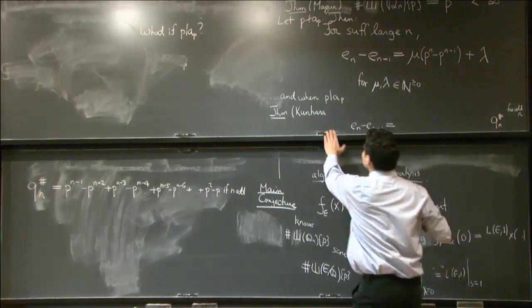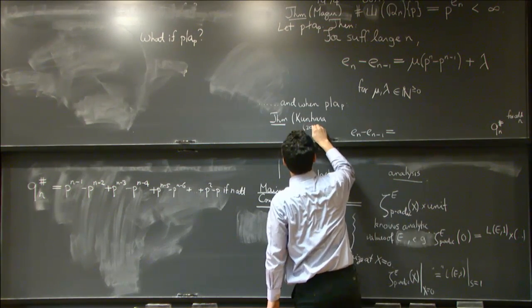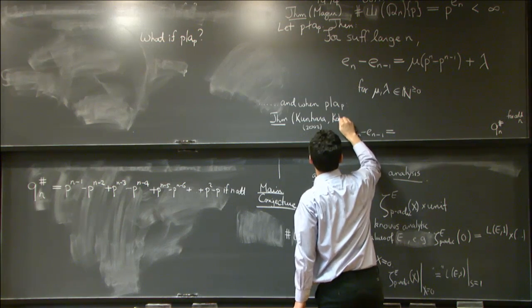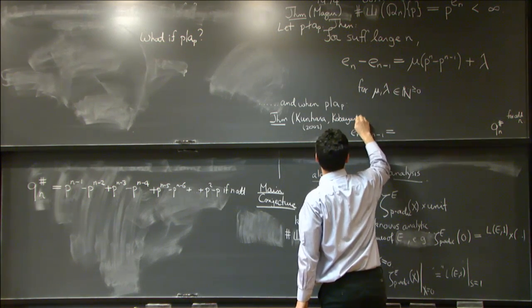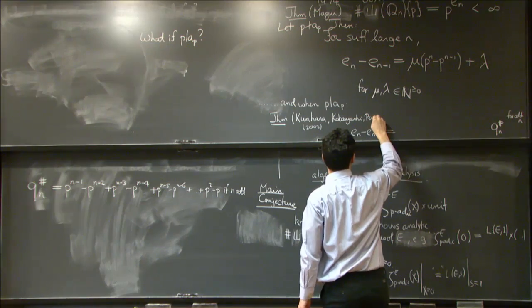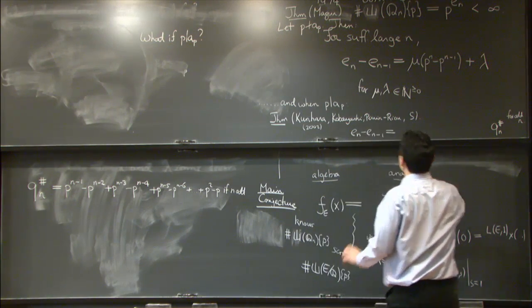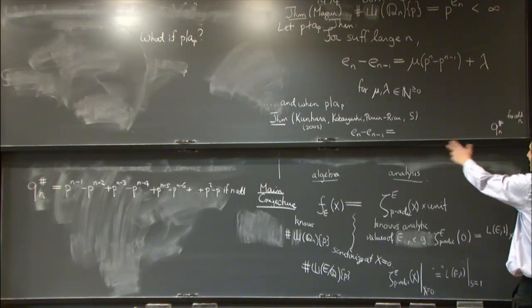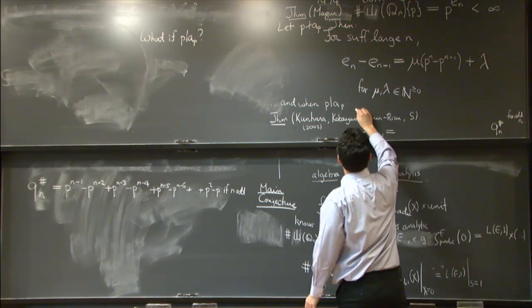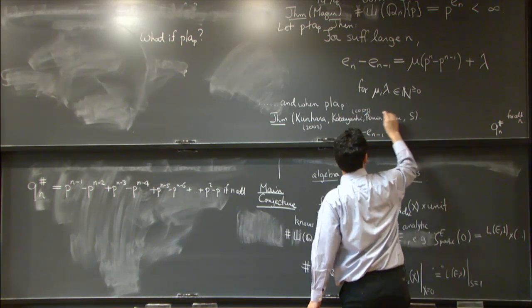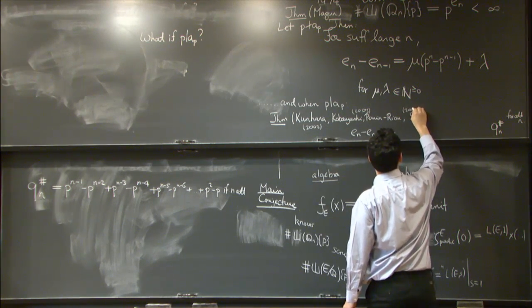And this is 2002. It was generalized by a bunch of other people, Kobayashi, Perrin-Riou. Over the years, it was generalized to include basically all cases, more like 2012, 2013, something like that.